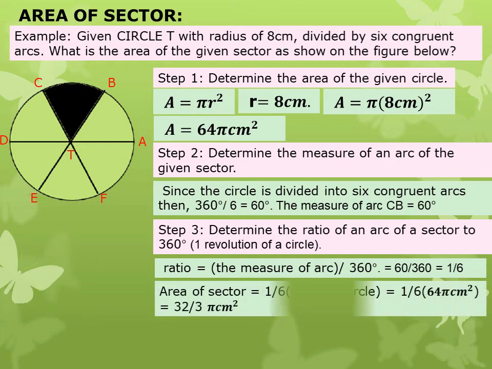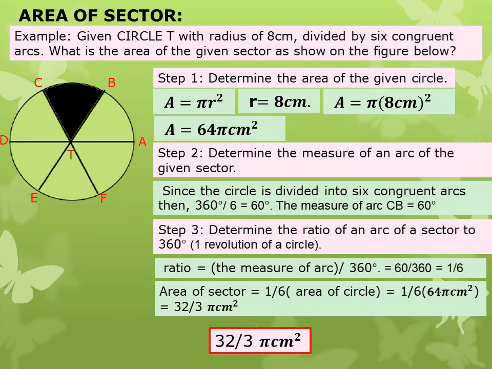So it means that the area of that sector, which is this shaded region, is 1/6 of the area of the entire circle, or equals 1/6 of 64 pi centimeters squared, that we solved before, or equals 32 over 3 pi centimeters squared.